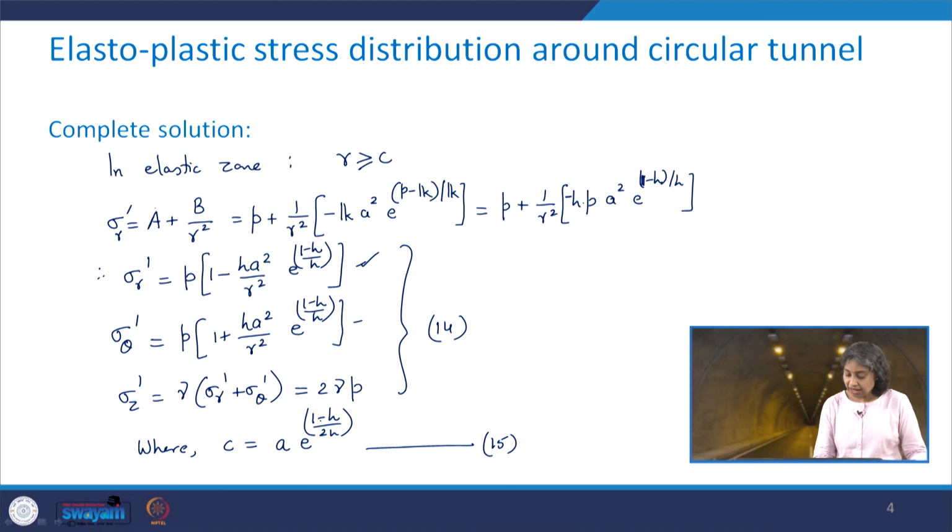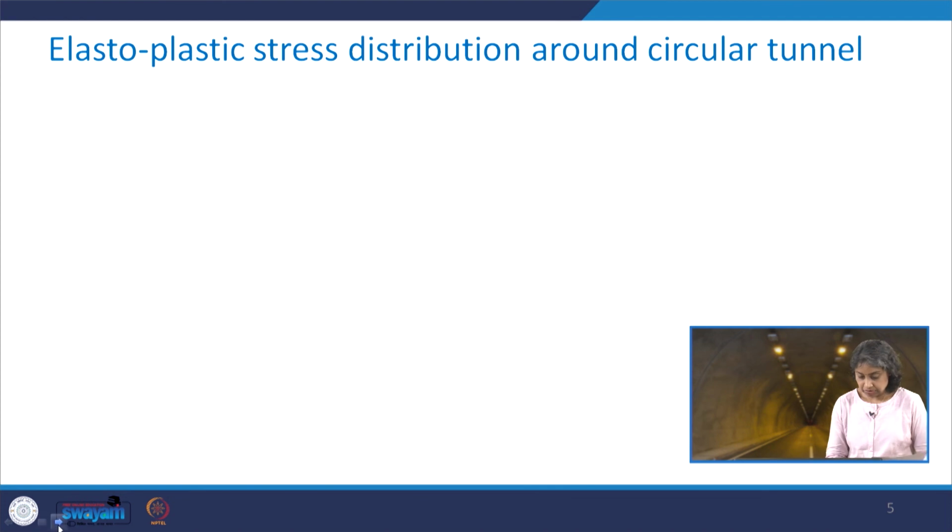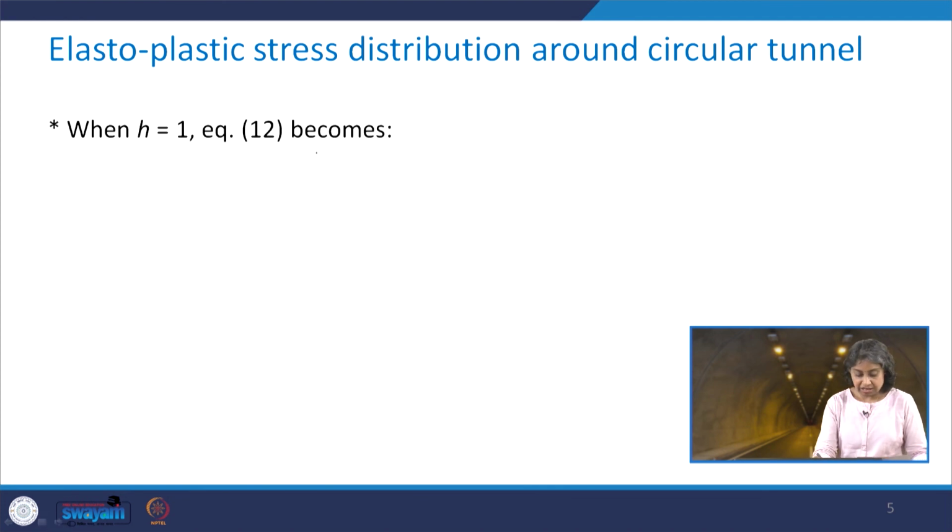Now, you see that if we substitute h equal to 1, what will happen? This equation 12, which was kappa equal to h into p, will become kappa equal to p for h equal to 1.